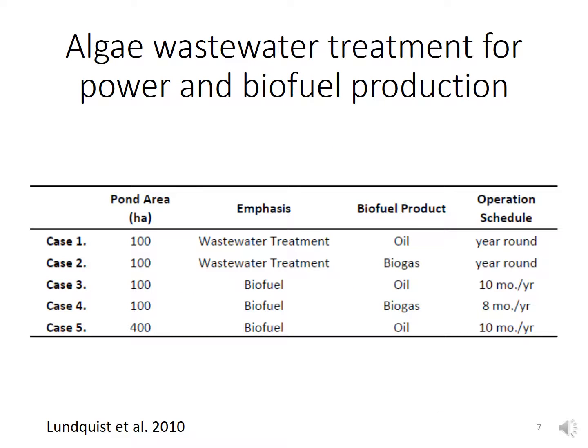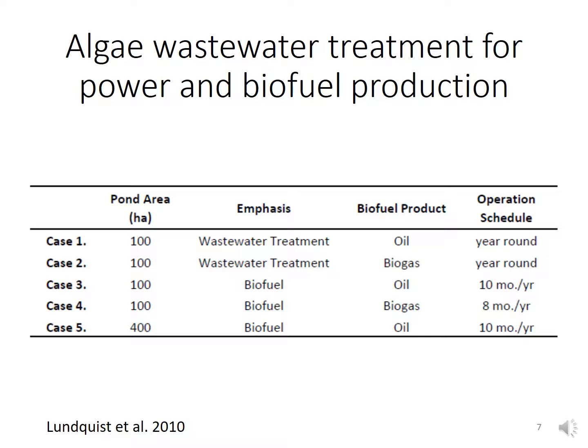So a group at Berkeley published a report, the report by Lundquist et al. in 2010, where they looked at 5 particular scenarios. The idea is that you have a pond area of 100 hectares, and you grow algae in that area for different types of markets. You have 2 types of emphasis. You have a facility where the algae are being used to treat the wastewater from the nearby city or facilities, or you have an emphasis in trying to maximize biofuel production.